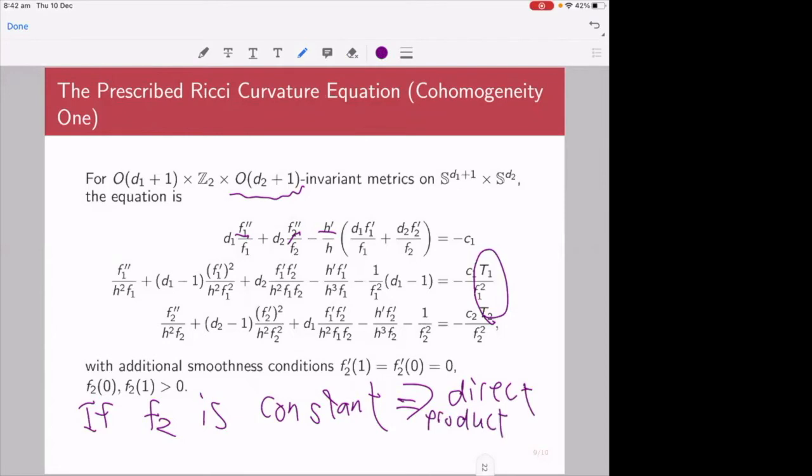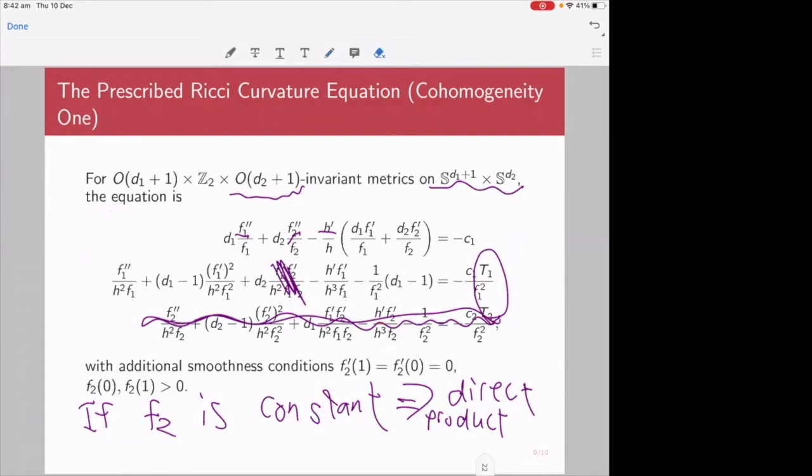In general, if f2 is non-constant, then the metric on this product of spheres is just a warped product. But if f2 is constant, this just becomes a standard direct product metric. This equation basically becomes negligible. And these equations here are precisely the equations we already saw for Hamilton's theorem.